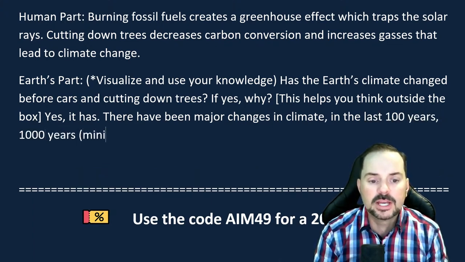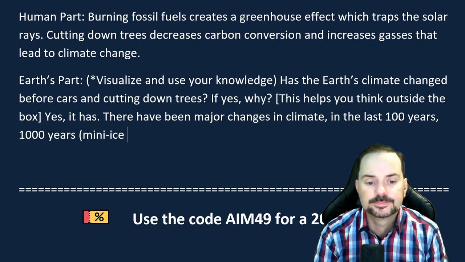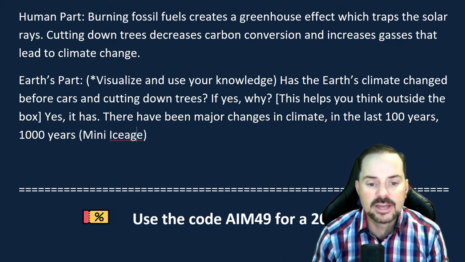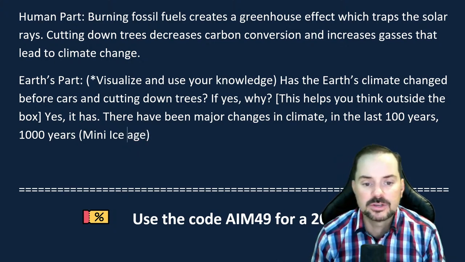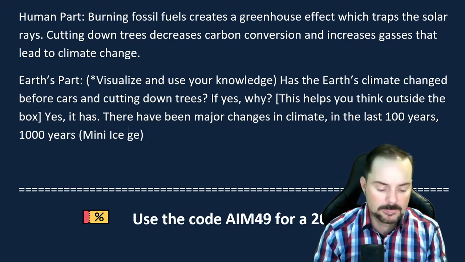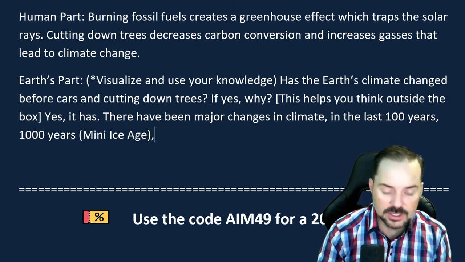Think about the mini ice age. If some of you don't know about this, then Google it later. Okay, we have had a mini ice age in the last 1,000 years. Okay. Of course, 10,000 years, the Ice Age.